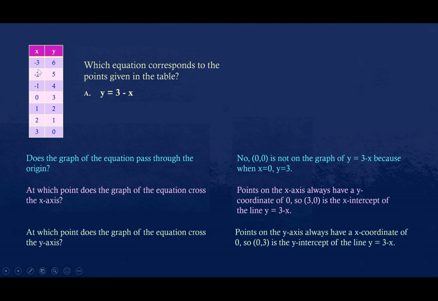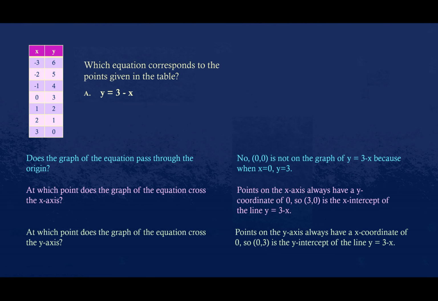So looking in our table of ordered pairs, I look for the pair that has the x value of 0. Okay, so this set of coordinates, the ordered pair (0, 3), is the answer. That is the y-intercept of our line.